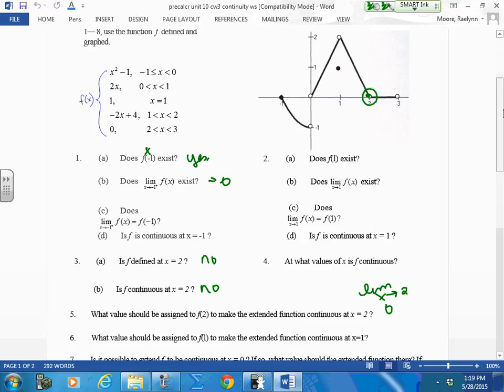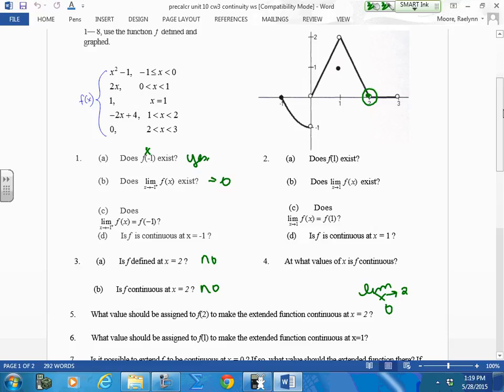How about this one? Is there a limit when x is 1? Here's where your little dot comes in. The dot does not affect my graph. The dot affects my function, but not my graph.